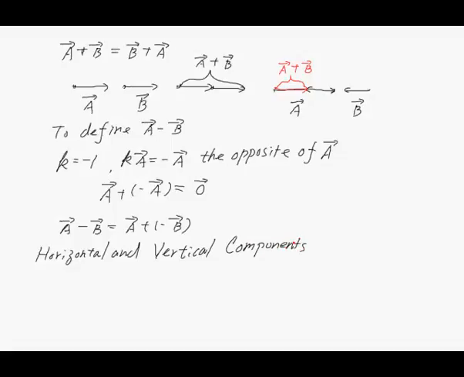So given a vector W, this vector W can always be written as the sum of a vertical component and a horizontal component, like this.